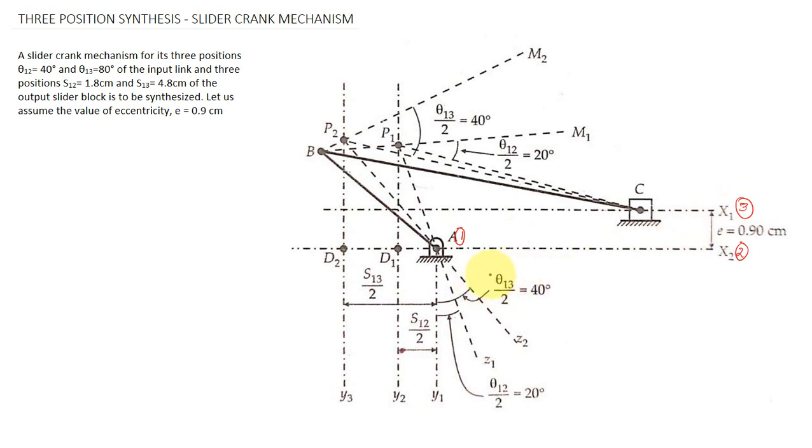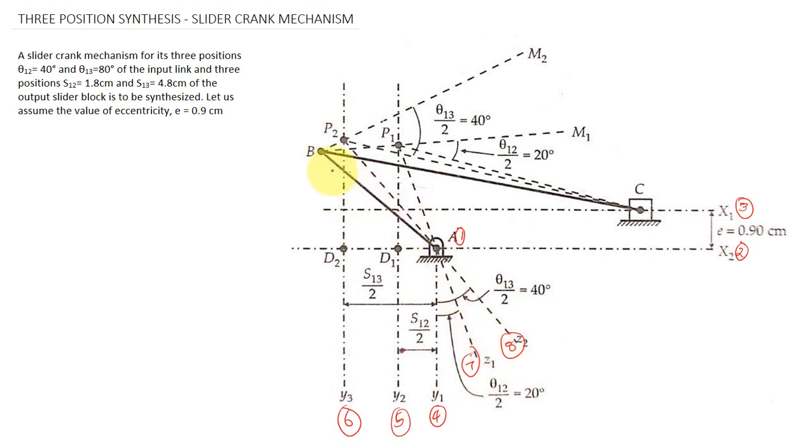After that, draw the vertical lines y1, then y2 at a distance of S12 by 2, then y3 at a distance of S13 by 2 from y1. So next you are going to draw the angular lines, that means z1 and z2 at angles of theta 12 by 2 and theta 13 by 2.